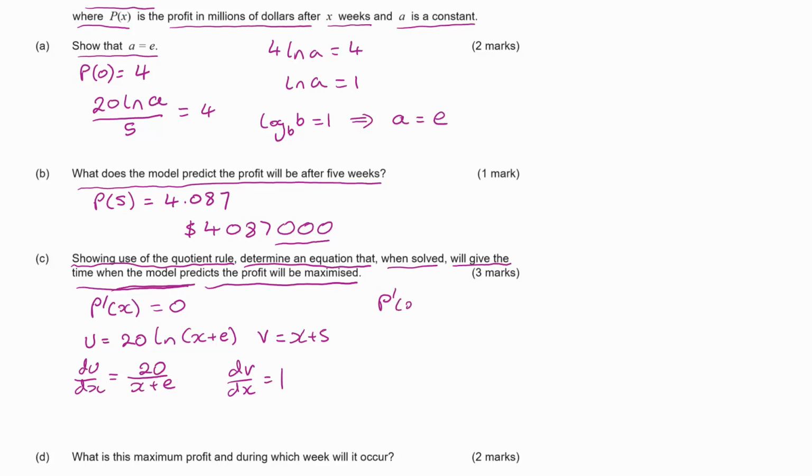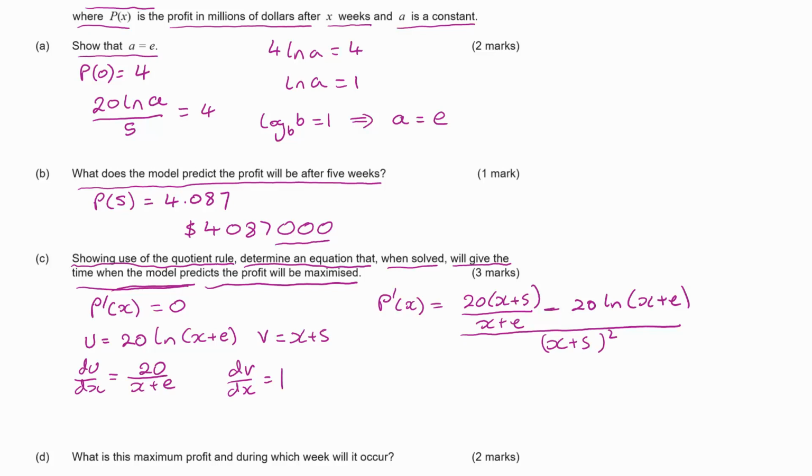So P dashed x is going to be v du dx, so that will be 20 times x plus 5 over x plus e, take away u dv dx, which is 20 ln of x plus e, all over x plus 5 squared.